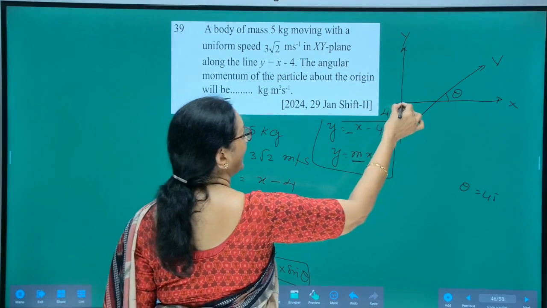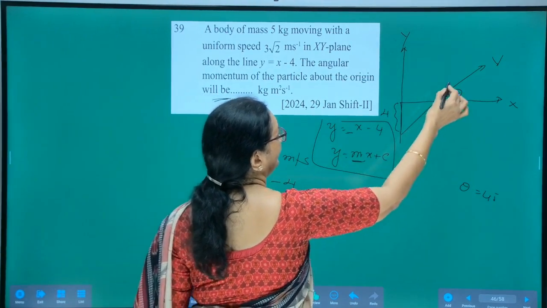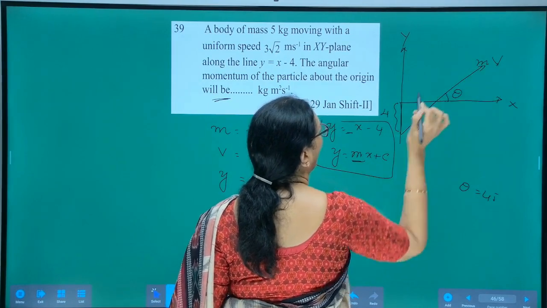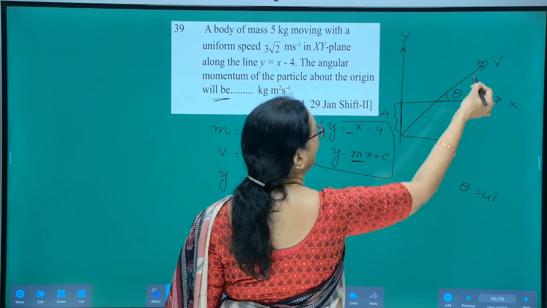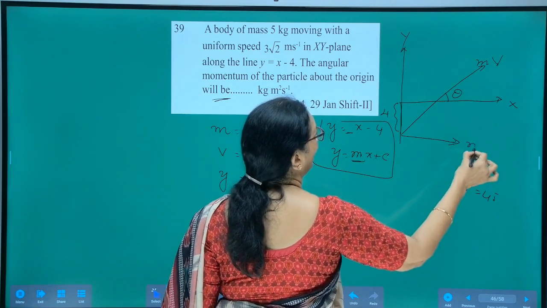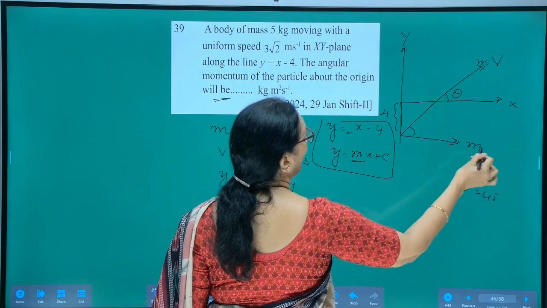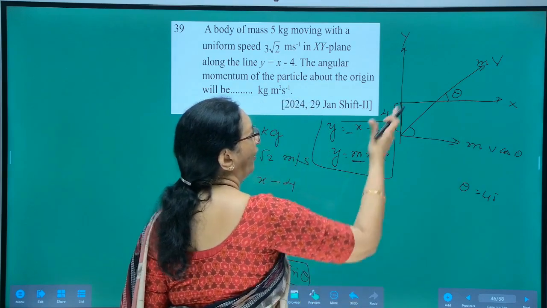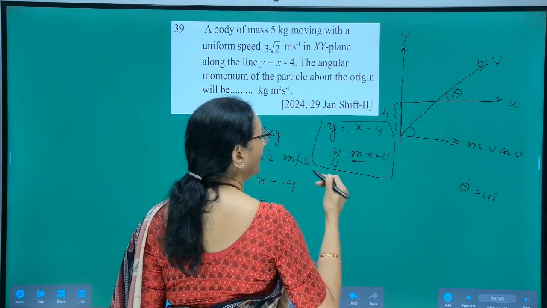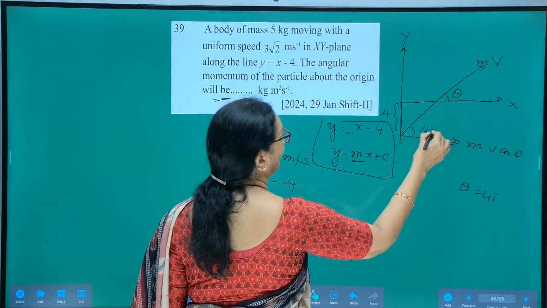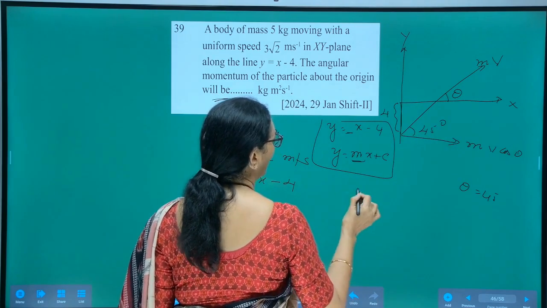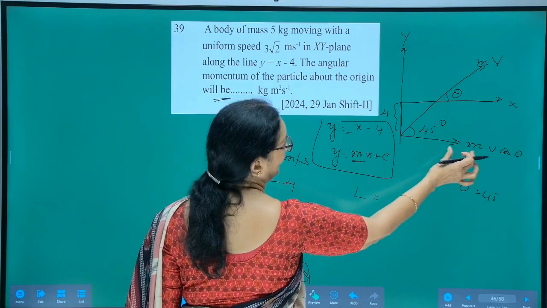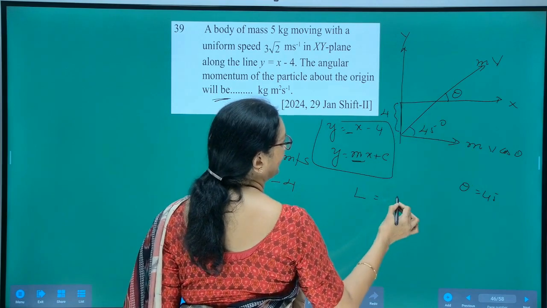So this becomes r. Its velocity is in this direction, momentum is also in this direction. The component of momentum along this will be m v cos theta, that is at 45 degrees. So here angular momentum is linear momentum into perpendicular distance.